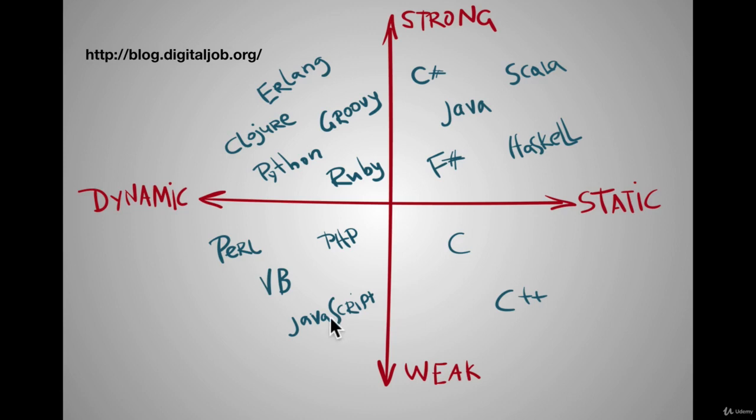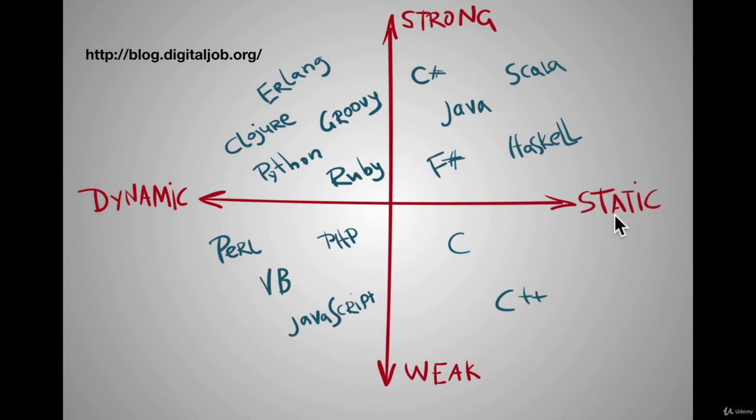We see over here that JavaScript is a dynamically typed language, and so are other popular programming languages like PHP, Ruby, Python, Clojure. On the other hand, languages like Java, Haskell, Scala, C++ are static or statically typed languages. But what does that mean?